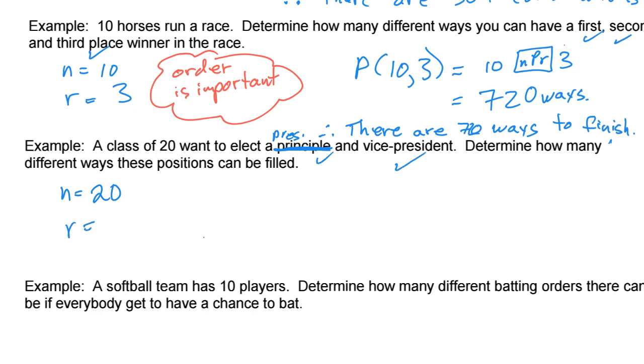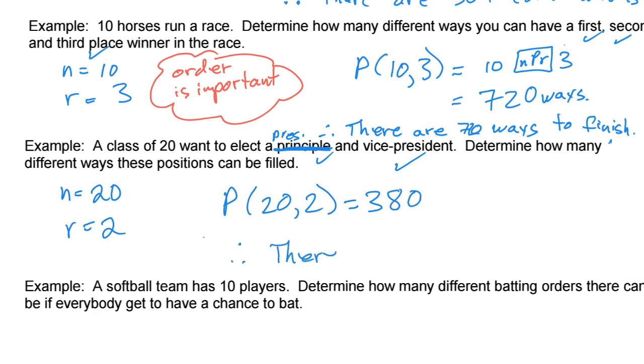There are 2, vice president and president, so that's 2. So our answer is P of 20, 2. We punch that in our calculator and end up with 380. Therefore, there are 380 ways to elect.